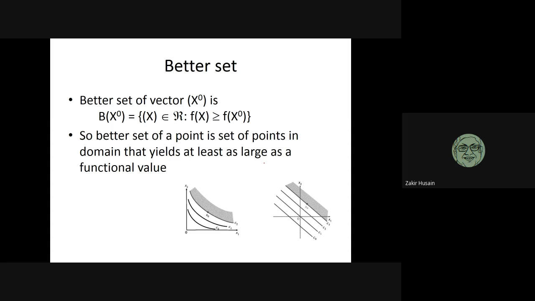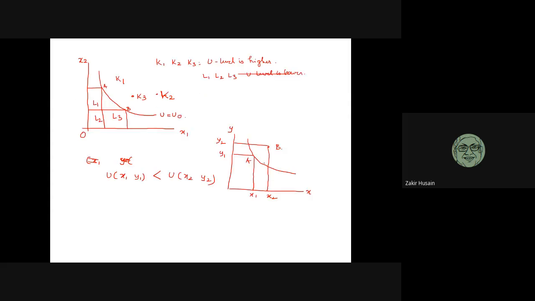So we can define a better set as the set of points, the group of points, which will give me a functional value which is at least equal to u0 or more. So if you take this function, the points over here will give me a higher level of utility. Over here I have equal utility, points over here have higher utility. And what are points over here?